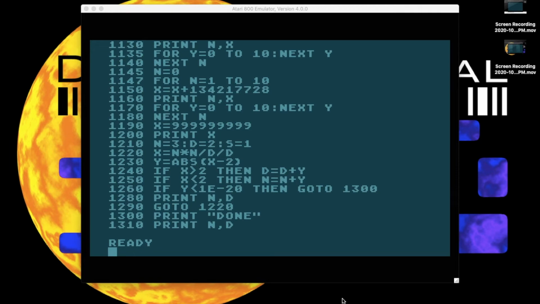So I've decided to add a scale variable. That's this S up here. I'm going to add a scale value. I'm going to double it every time I can figure out if D or N has anything on the right side of the decimal point. So there's that.